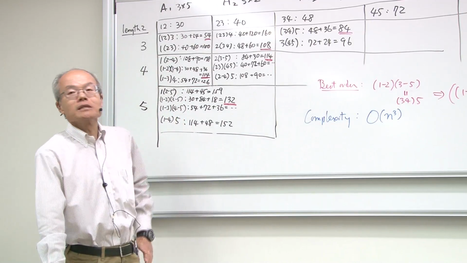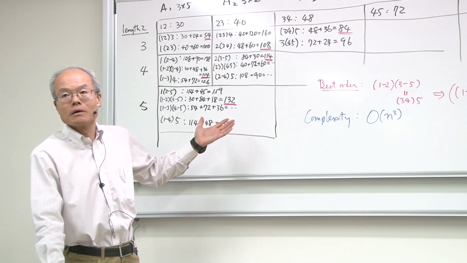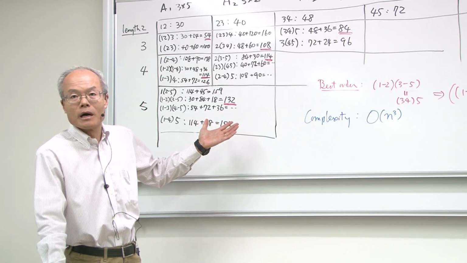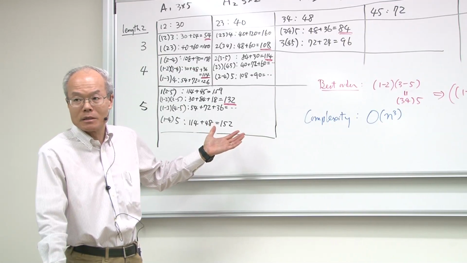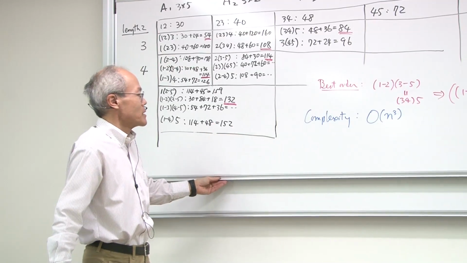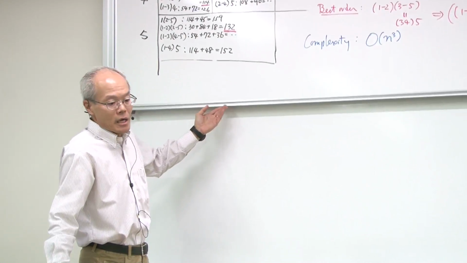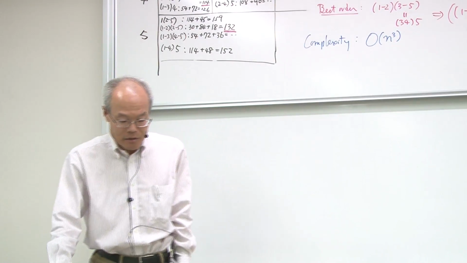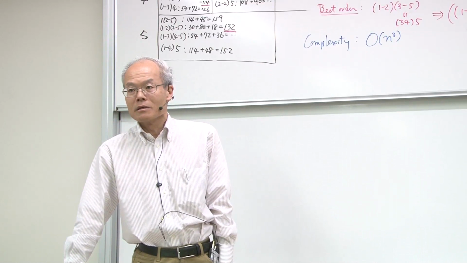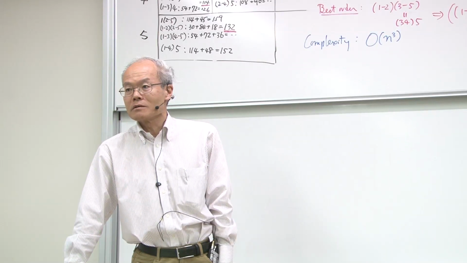So this is a standard example, a very famous example explaining DP, dynamic programming. Okay, so we are done about dynamic programming, and then let's go to the third technique. So do you have any questions so far?